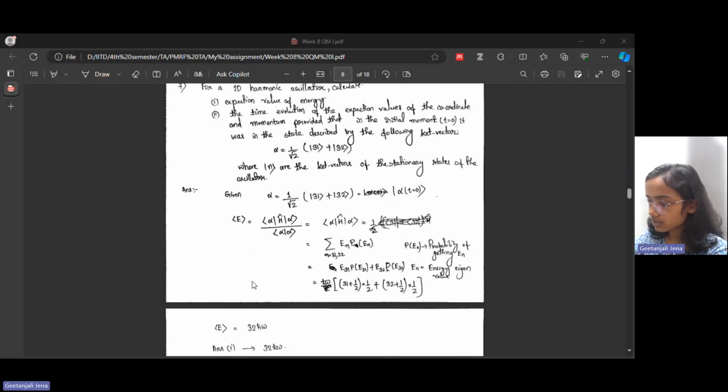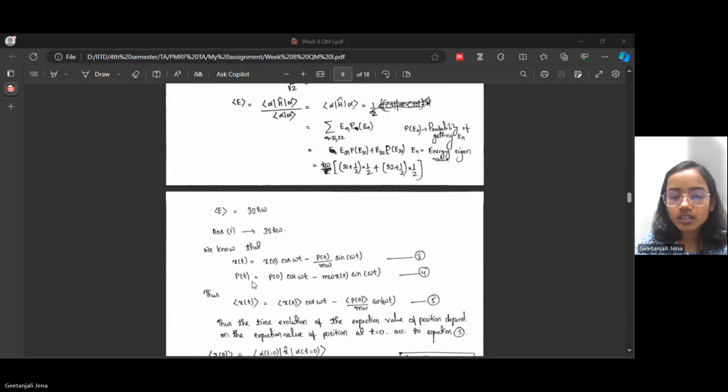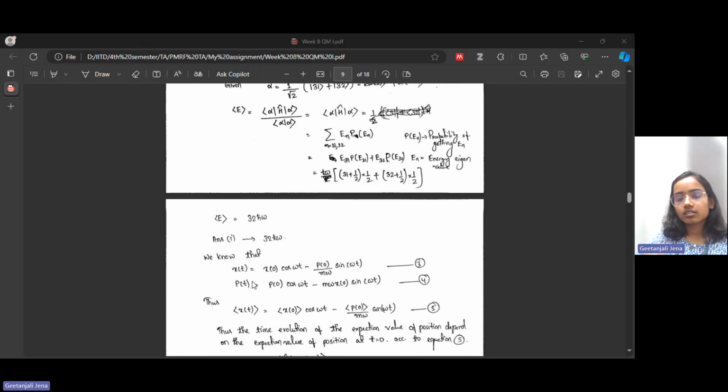Now let us see the next problem. It is asking about the time evolution of the expectation value of the coordinate and momentum when the ket is alpha. In the introductory part, I have shown you that the position operator changes with time according to equation 3 here.